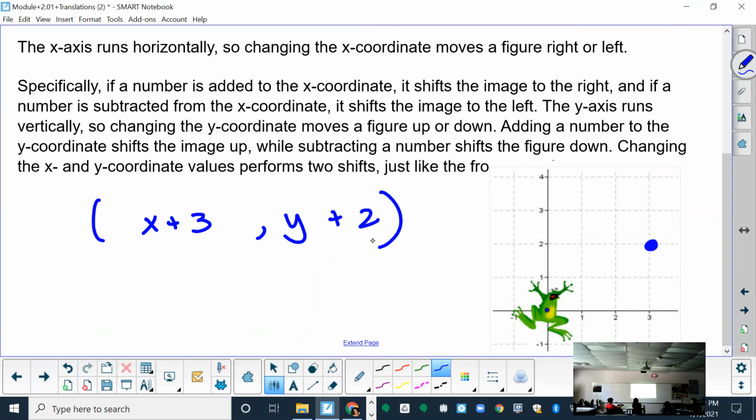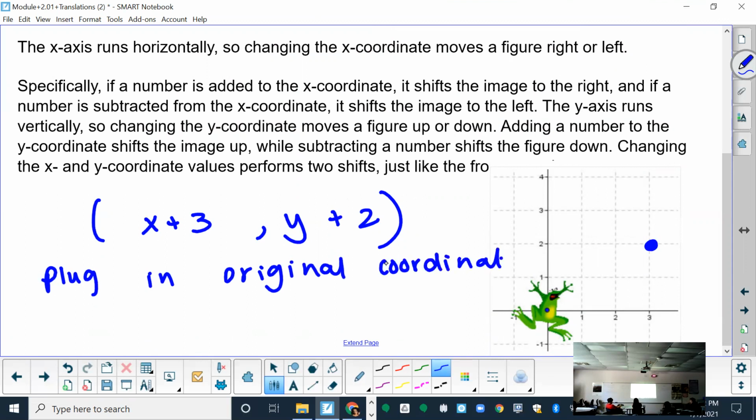And if you had to come up with how it translated, or what the new coordinate would be based on just the rule, all you would have to do is plug in the coordinate. So the frog started at what coordinate? All right, it started at 0, 0.